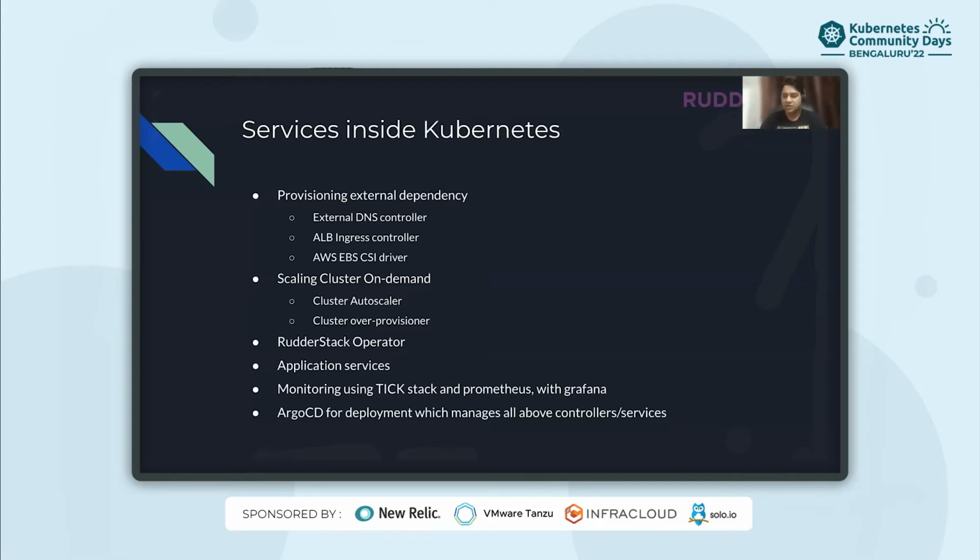And we are also using cluster overprovisioner. What it does is create some dummy pods which take up provisioned resources. That way we always have some extra resource in our EC2 worker nodes. Whenever we actually want to deploy any pod which is needed by any customer or our own requirement, we don't need to directly go to cluster autoscaler and ask for a new node.